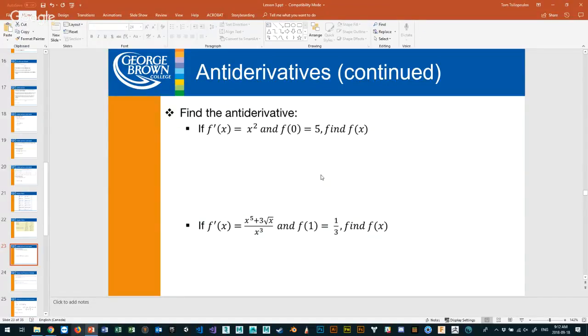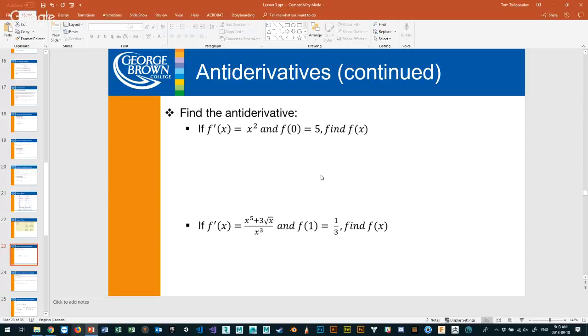So when I say f at 0 is equal to 5, I'm actually saying that your constant is 5. Think about this for a second. If f prime of x is x squared, let's do that part first. So what is f of x? The antiderivative of f prime of x: I add 1 to the exponent, so 2 plus 1 is 3, and then I take the phantom 1 in front of the x, over 3.